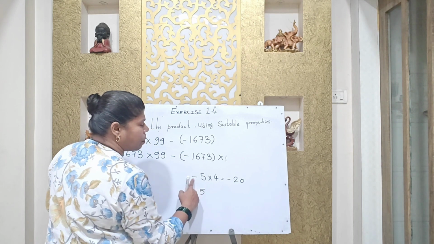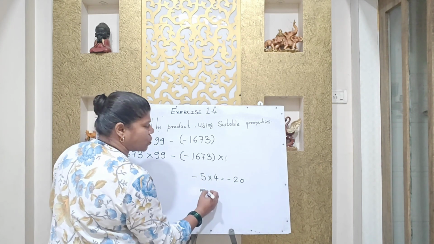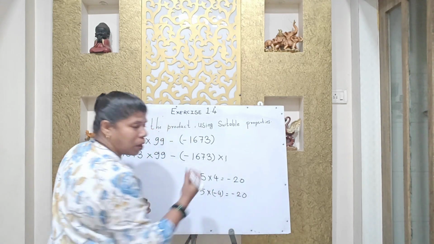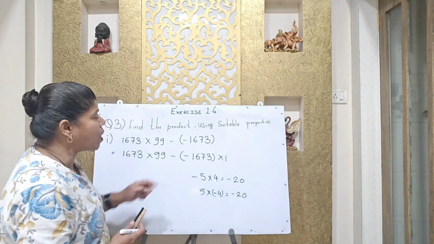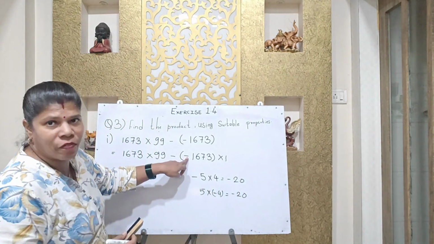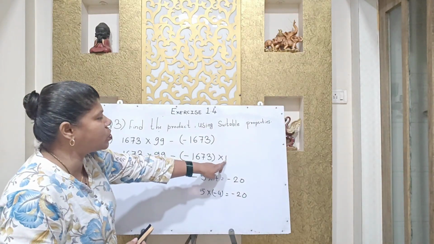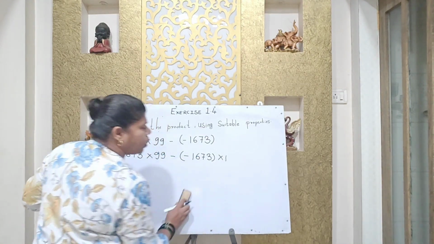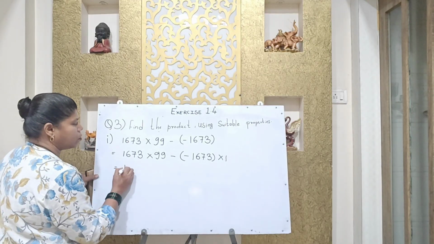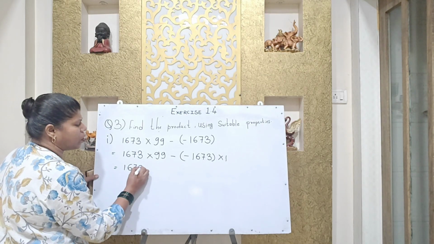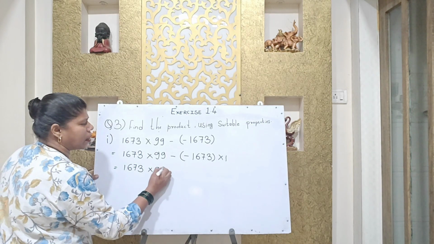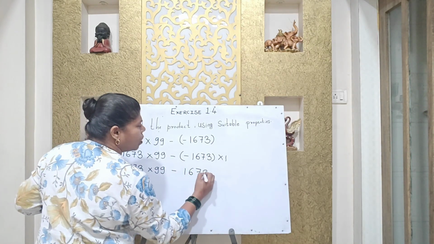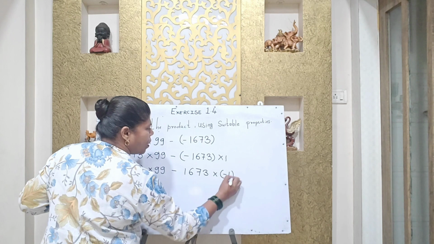Or if I shifted the minus sign towards 4, then also answer will be minus 20 only. Okay, the same thing I am going to do. I just remove this minus sign from here and put before the 1. So the equation is not going to change. 1673 multiplied by 99 minus 1673 multiplied by minus 1.